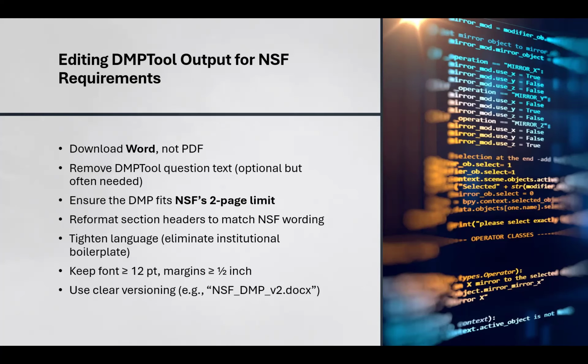Some of the questions that appear as your guiding statements take up more space than you expected. So always export this as a Word document so you can revise. If you remove the question prompts, just make sure your headings still align clearly with NSF's 5 required components.